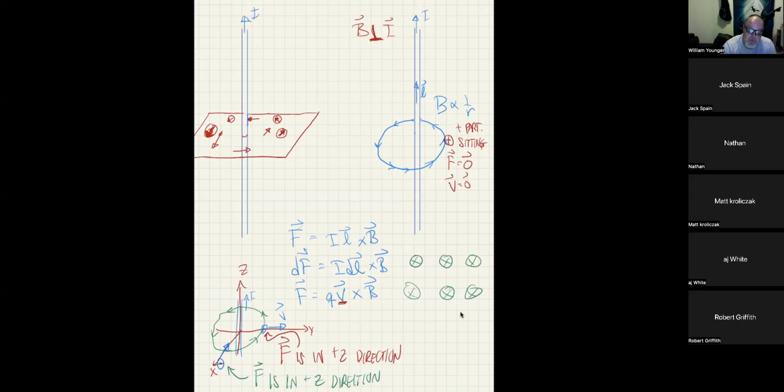So now I'm going to finish that example I started, which is imagine a magnetic field pointing into the page like this. We'll say it's uniform. And now let's say we have a current carrying wire that is this way. So current is going up. According to F equals I L cross B, I L will point in the upwards direction.